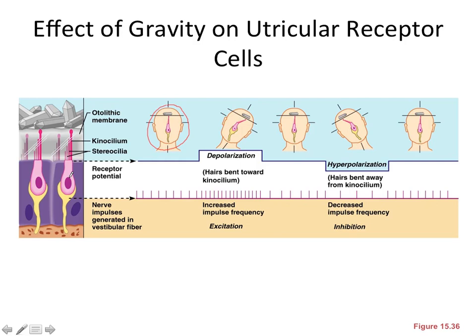Once our hand moves to the right lateral side, the otolith will move to the right and pull the hair toward the kinocilium. So the kinocilium will be stimulated.